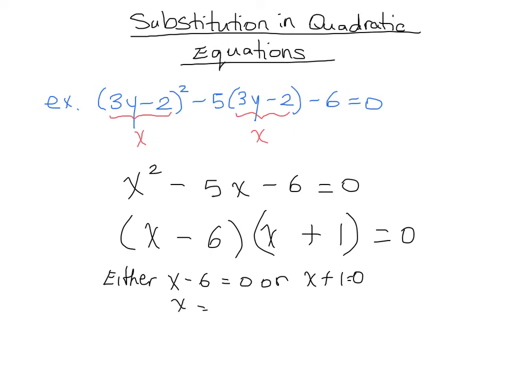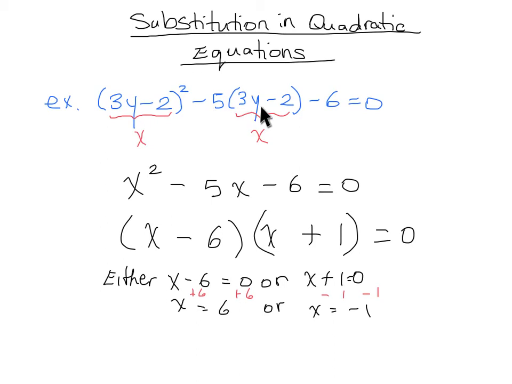That means, adding 6 to both sides here, x could be equal to 6, or subtracting 1 from both sides here, x could be equal to negative 1. But again, we're not done. Remember, initially we created a relationship that 3y minus 2 is x.